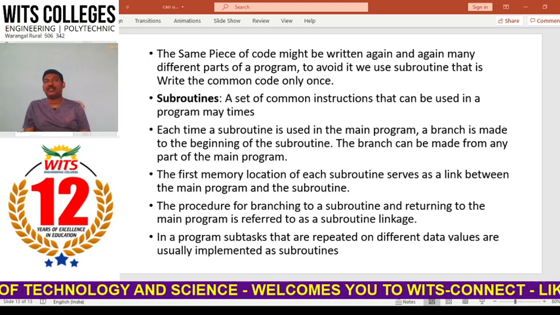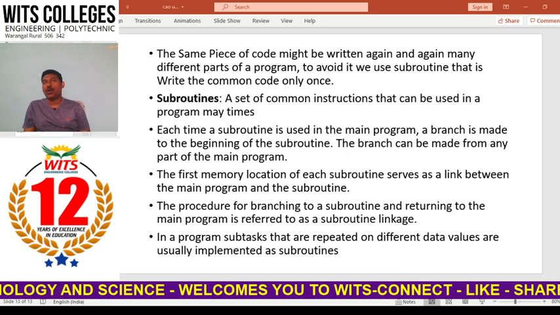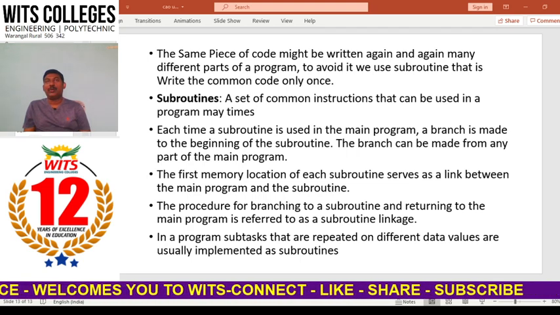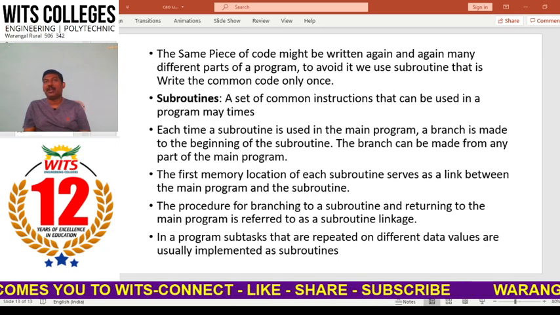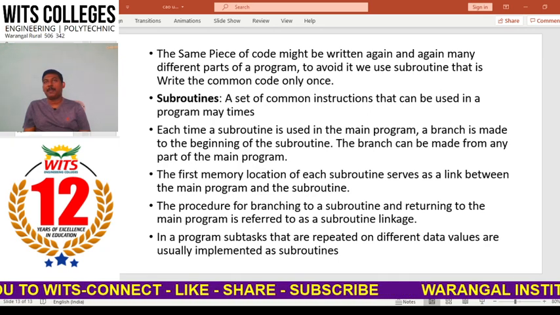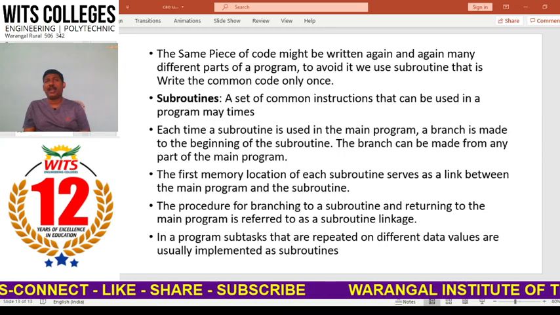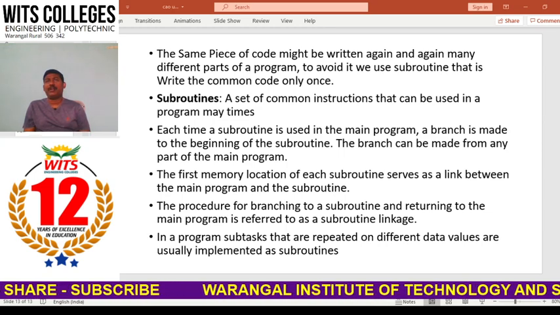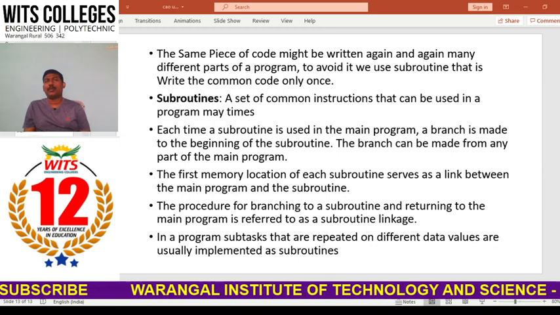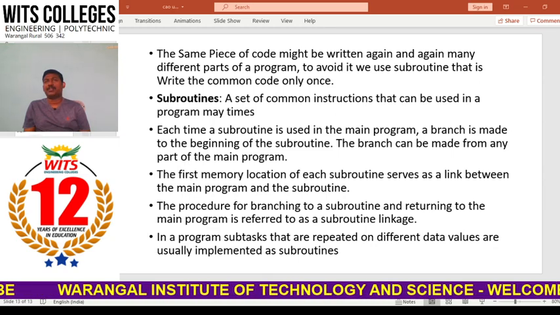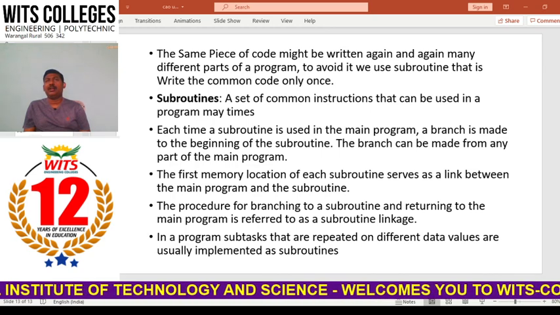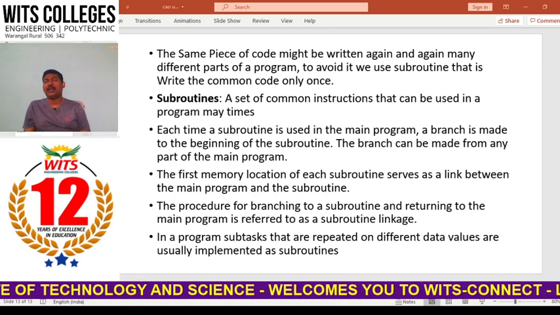Each time a subroutine is called in the main program, a branch is made to the beginning of the subroutine. This branch can be made from any part of the main program. The first memory location of each subroutine serves as the link between the main program and the subroutine.